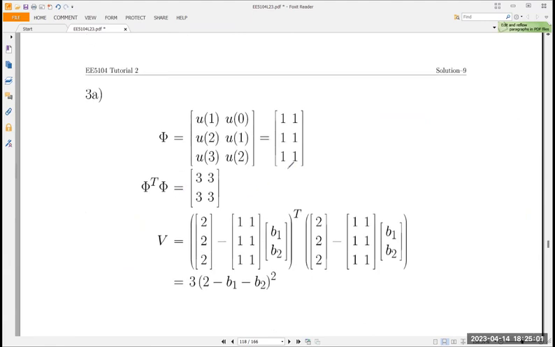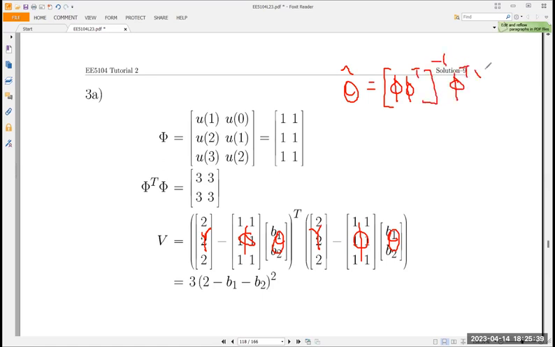All right, so just now we established what is phi, what is y. You'll find that V is y minus phi theta transpose times y minus phi theta. Now, your formula was theta hat equals phi transpose phi inverse phi transpose y.